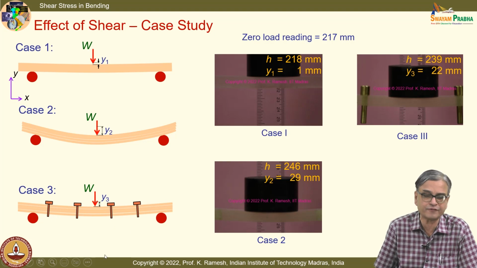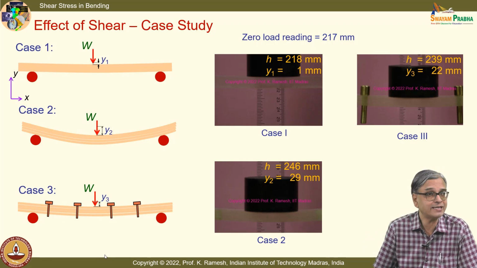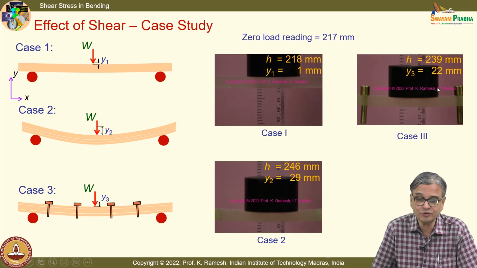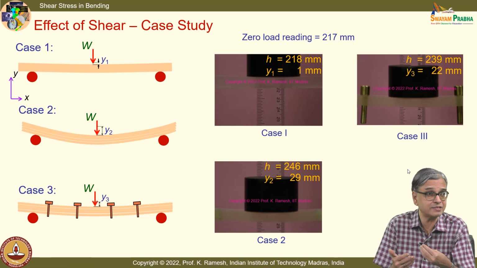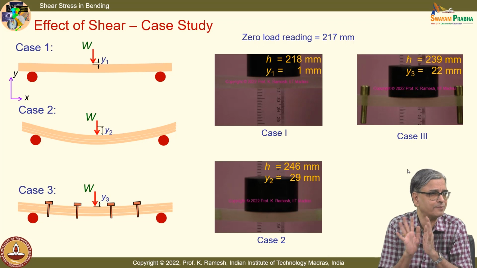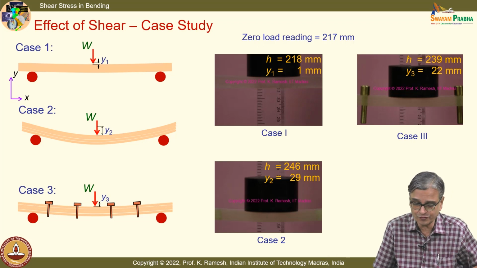Suppose instead of 4, if I had put 10 pins, then what would you anticipate? This deflection would be still smaller. So the beam becomes and behaves more and more stiffer. So something is happening in the beam. So we'll have to find out, our interest is to find out what happens in this solid beam.